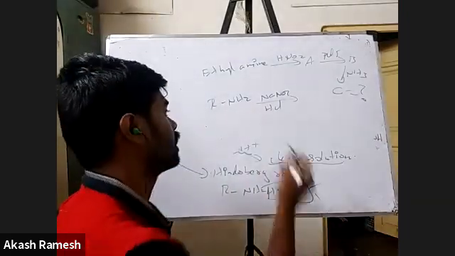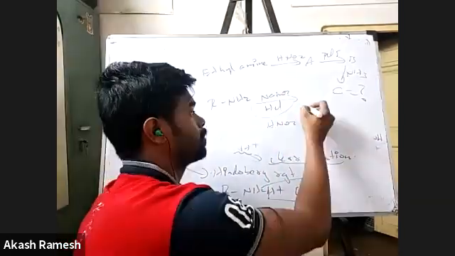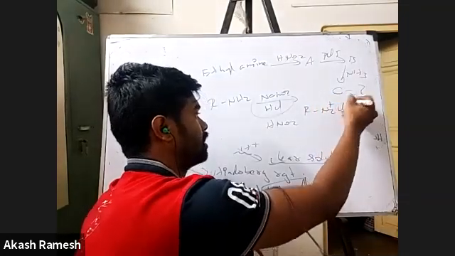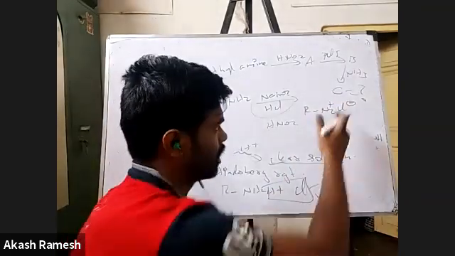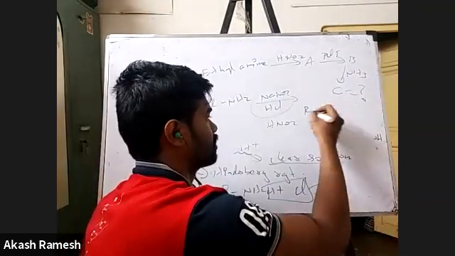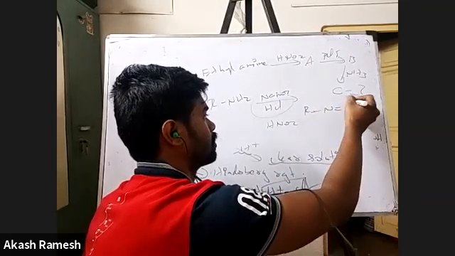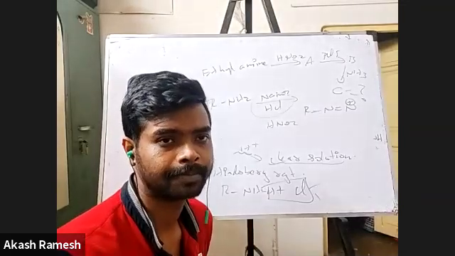Anyways, now this is basically your HNO2. What you expect to form is RN2+ Cl-. Forget about Cl-, let me write it like this: RN2+ is what I have.